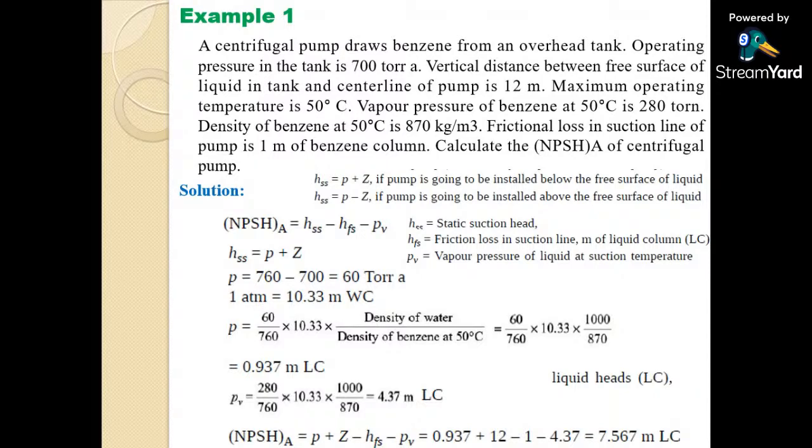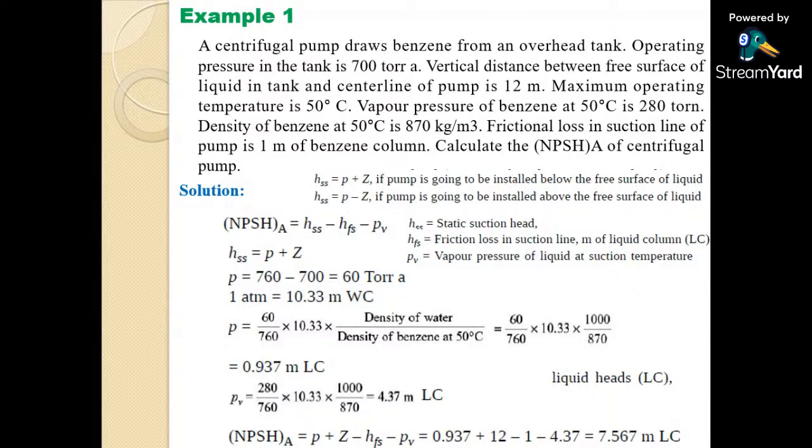You will get the total static suction head. Now for this P minus Z, there are two different situations. From the location of the pump, we have to consider the sign convention of this Z, the vertical distance.